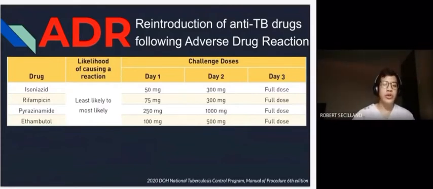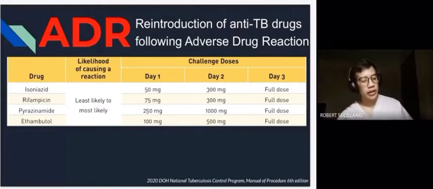Then, if no reaction happens, we add rifampicin at 75 milligrams on day 1, then 300 milligrams next. We observe in this stepwise manner to see if any drug reaction happens, so we will know the culprit of the reaction. For example, if the patient develops hypersensitivity, then we will know the culprit of the reaction. Then we can replace the offending drug with second-line drugs.